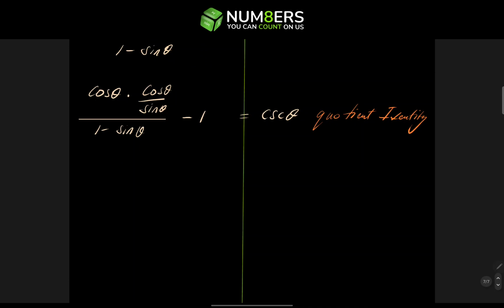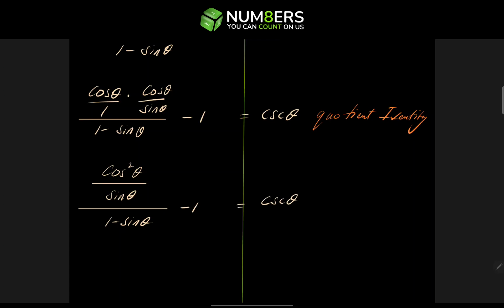Now on the top we multiply. We have cosine theta over 1 times cosine theta over sine theta. And this simplifies to cosine squared theta over sine theta all over 1 minus sine theta minus 1 equals cosecant theta. Here we just simplified by multiplying cosine by cosine, so we write simplifying.